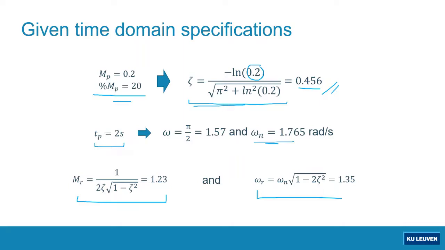If you want, you can also identify the value of omega b, the bandwidth frequency. Therefore, knowing these three features of the magnitude plot in our Bode diagram, we can easily sketch the magnitude plot of the Bode diagram as well.